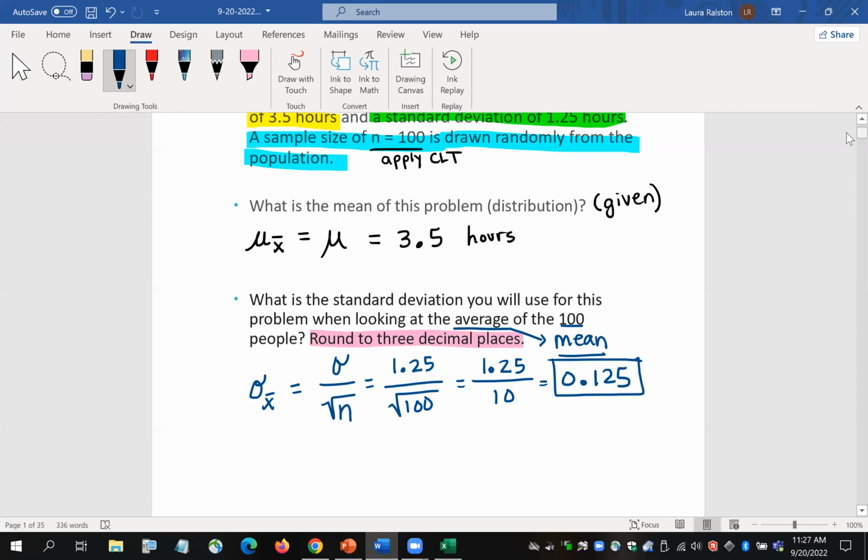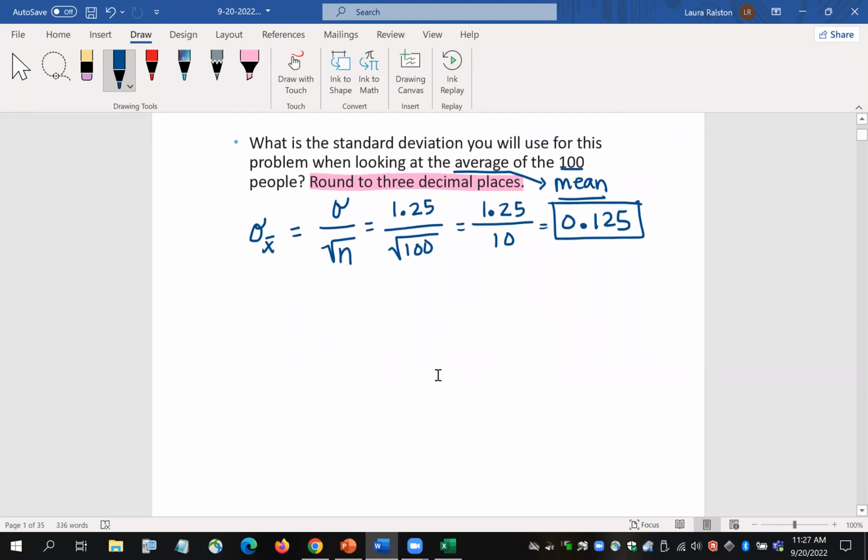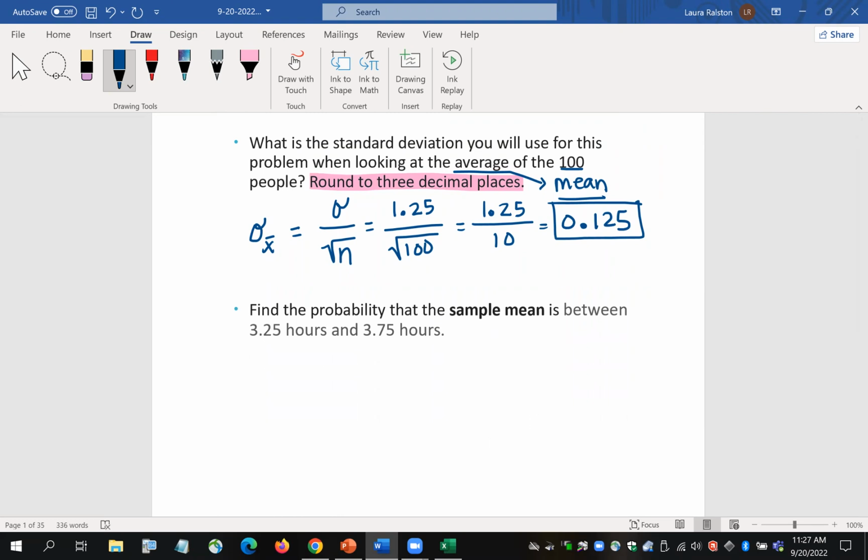Now again, for the most part, for those 2 questions, the information comes from the problem. You do have to do a relatively easy calculation there. Okay. They're going to ask you some questions. It says find the probability that the sample mean is between 3.25 and 3.75 hours.